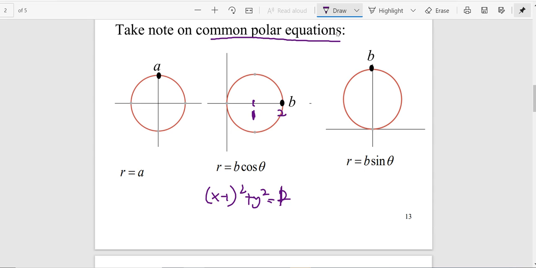For the other, the equation is x squared plus y minus 1 squared equal to 1. So this one is r equal to 2 sin theta, and this one is 2 cos theta. This is the basic or common polar equation that you learned previously, refreshing what you learned in Engineering Mathematics 1.